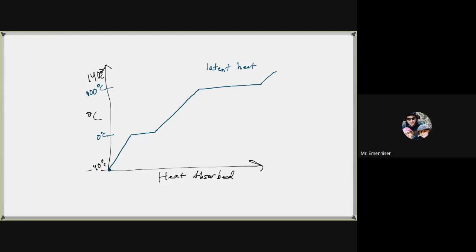So down here, we have a solid between -40 degrees Celsius up to 0 as a solid. This is a liquid. And then up here is a gas. This part right here is a gas. And then let's label our processes. What is this right here? This is melting.